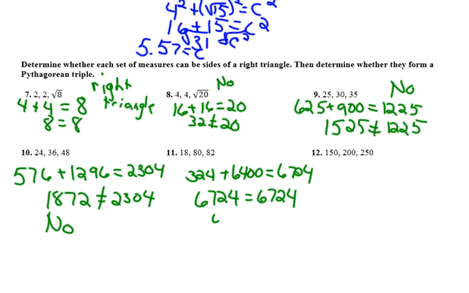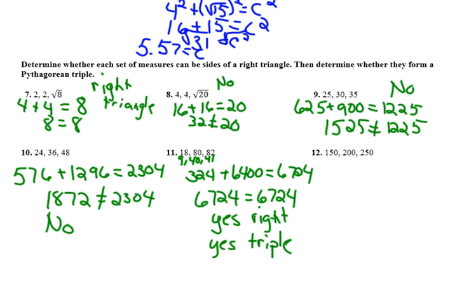Which means that yes, it's a right triangle, and yes, it's a triple. And I could even reduce those down. I could take them all down by 2, and that would make it a little bit easier. So this triple would actually be 9, 40, and 41 would be your triple, because then you can multiply it through. Okay, now we got some big numbers.